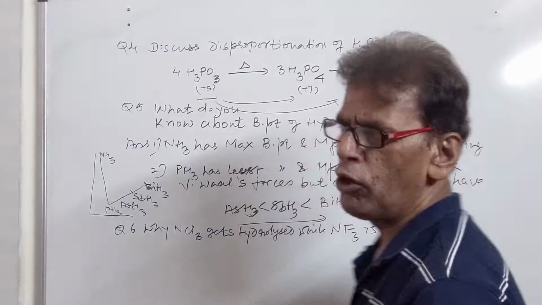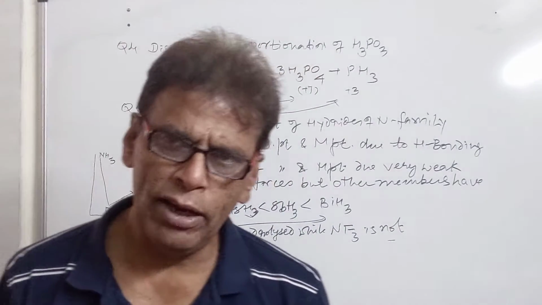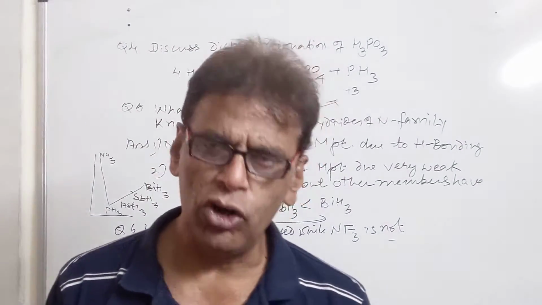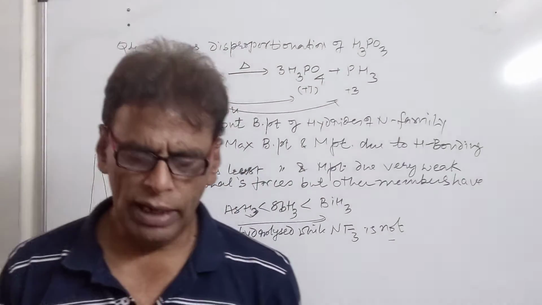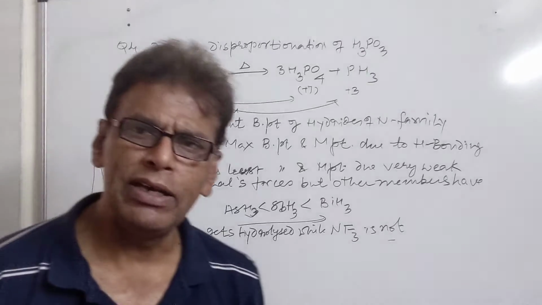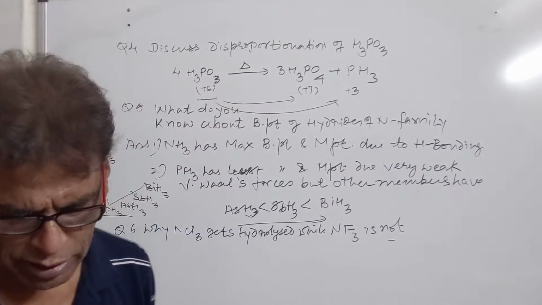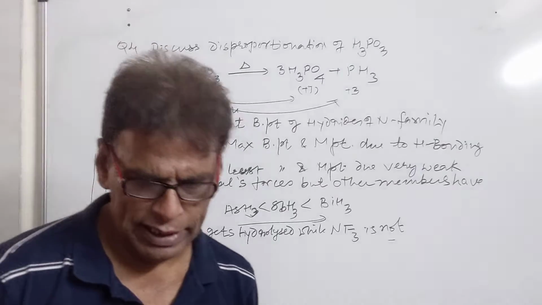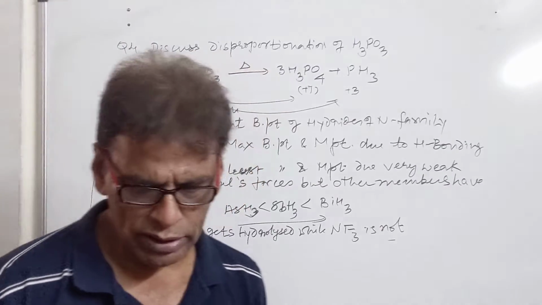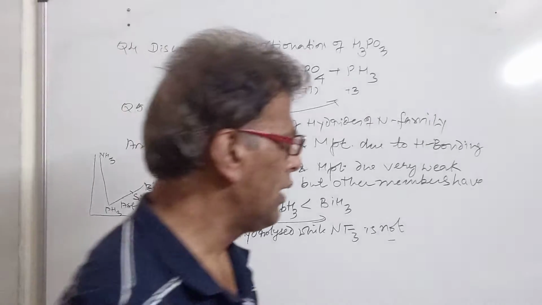The reason for this is, in NCl3 chlorine has vacant d orbitals to accept electrons from water molecules, while in NF3 fluorine does not have any vacant d orbital to accept electrons from the water. Therefore NCl3 gets hydrolyzed by water, but NF3 is not hydrolyzed by water.